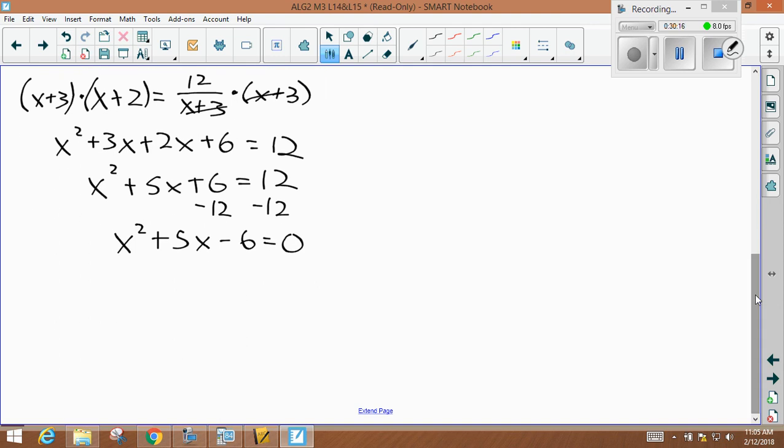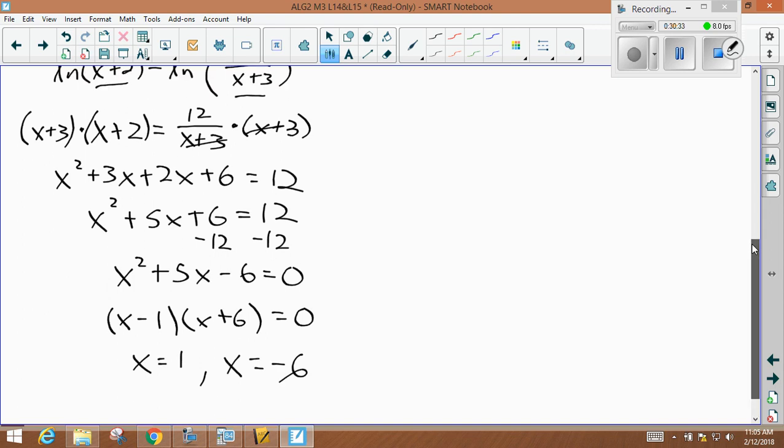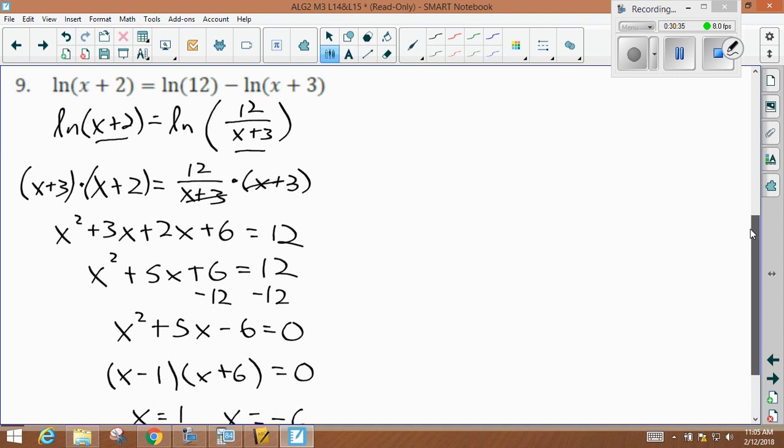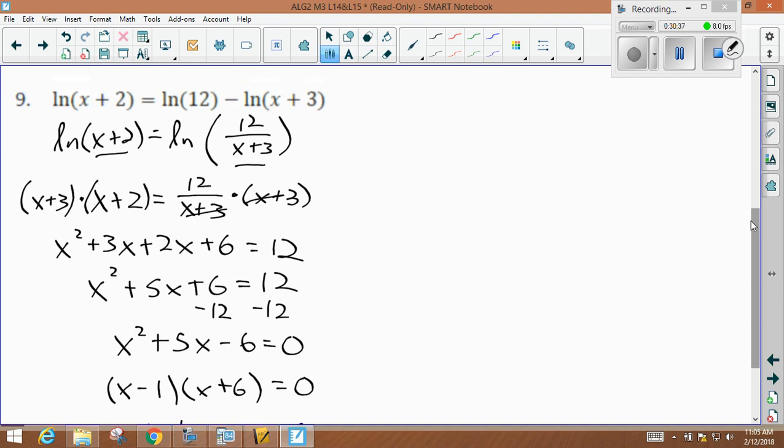Okay, I can factor this. That's going to be x minus 1 and x plus 6, so my answers are 1 and negative 6, but I got to check them. If I put negative 6 in here, that is where my trouble is.